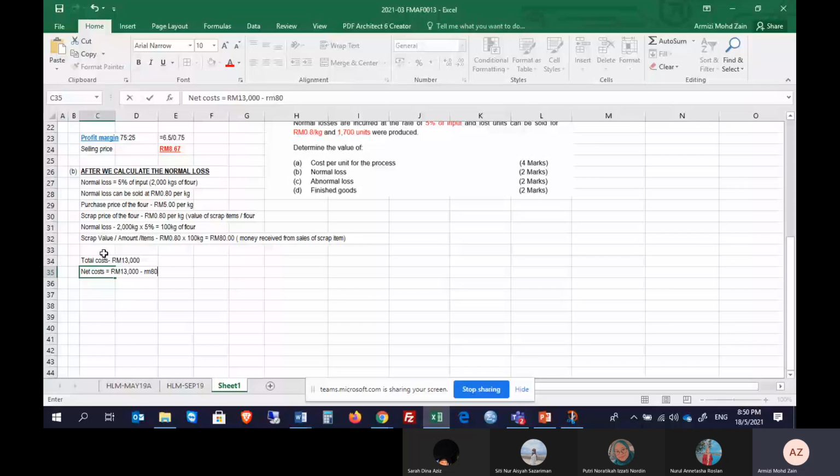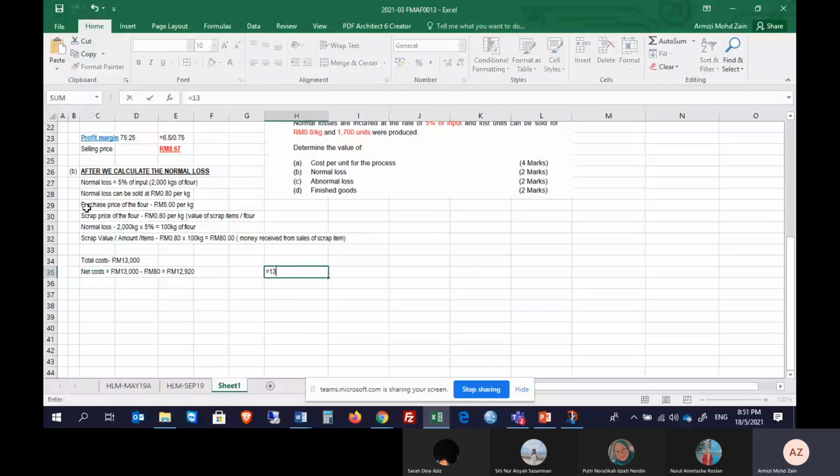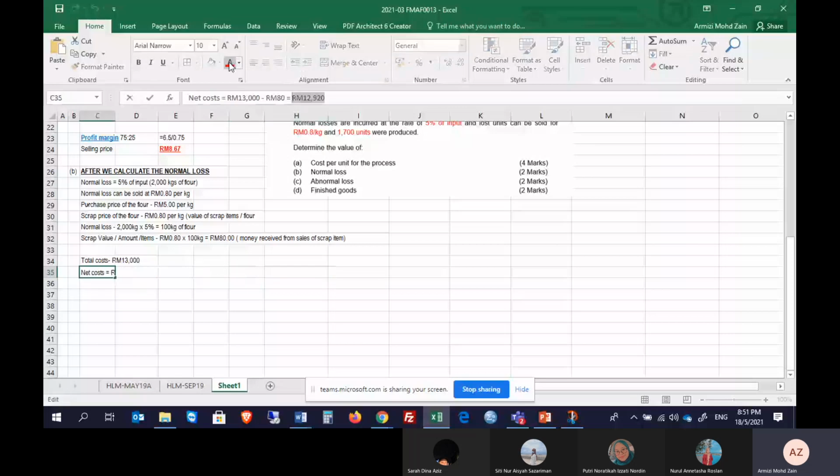Okay, so cost yang you incur untuk yang flour ni ialah 12,920 only. Okay, 13,000 you minus dengan RM80. 12,920. Okay, ini adalah net cost you. Net cost you selepas tolak normal loss.